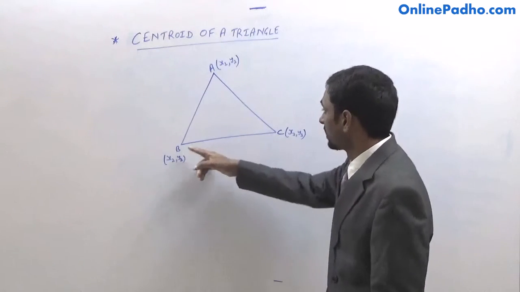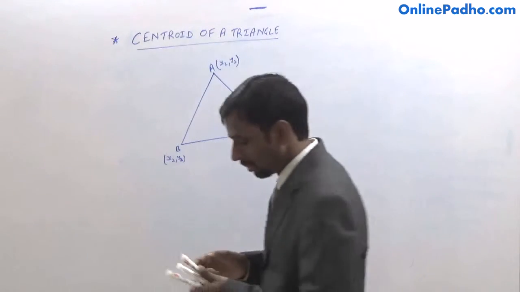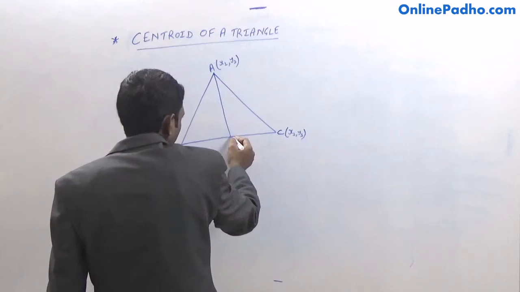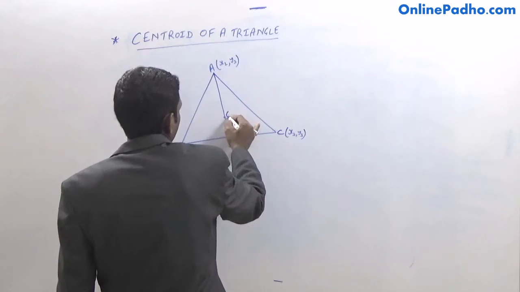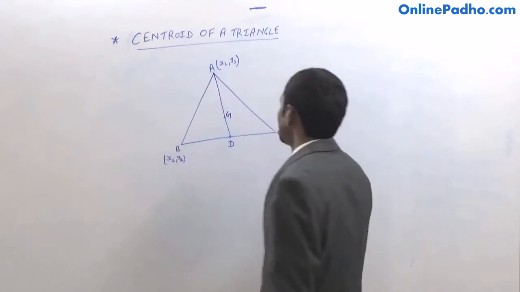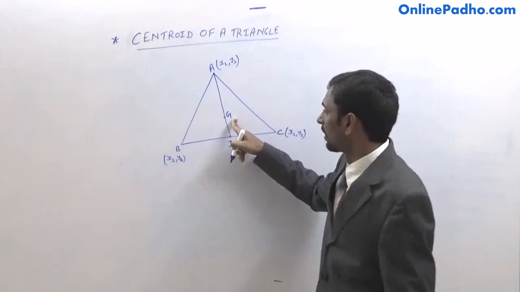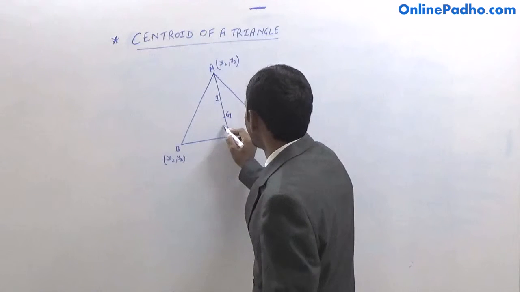And the centroid divides the median in the ratio 2:1. We can represent the centroid as point G. This is called the centroid, and it divides each and every median in the ratio 2:1.